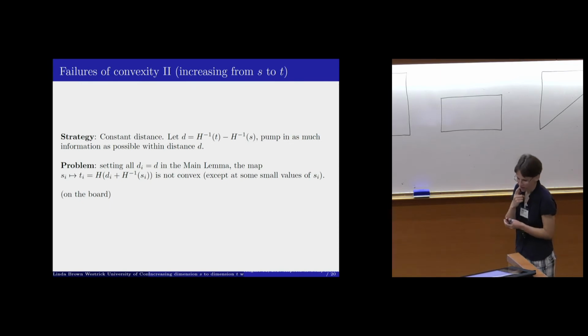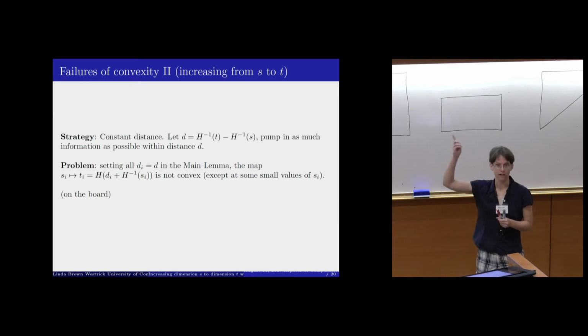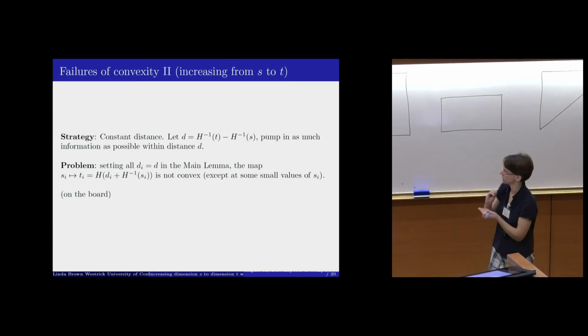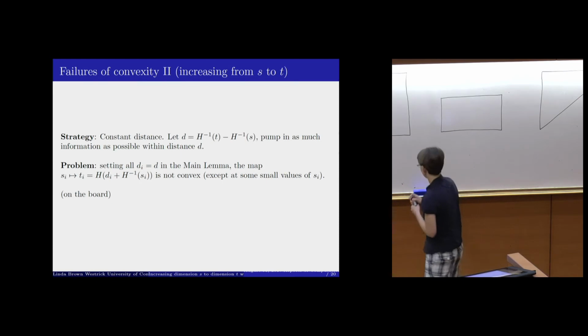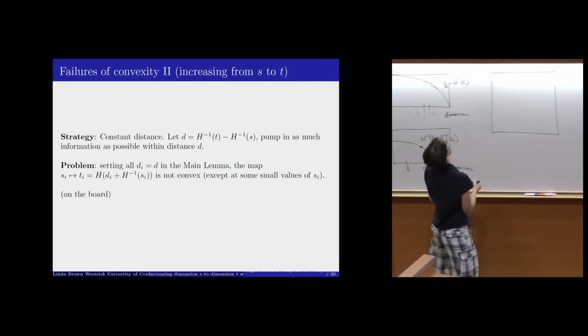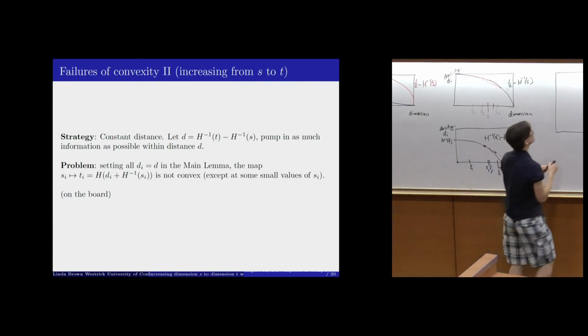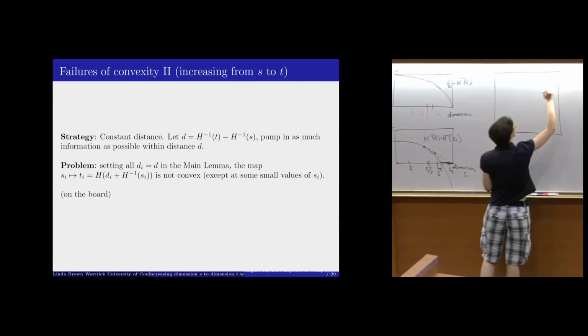Okay, well, if you do that, so in the main lemma, just setting all the di's equal to d, and then setting the ti's to be however high you can get them, subject to the fact that you're changing by d. Then you get some kind of gross function, which I don't necessarily recommend looking at, but if you graph it numerically, then you can look at it, which is what we did.